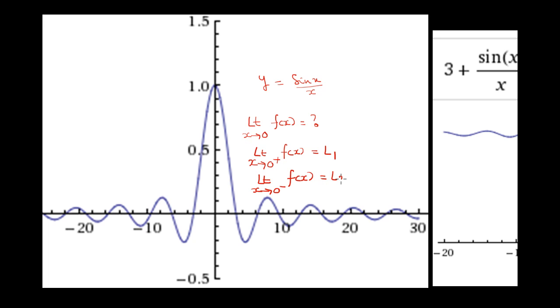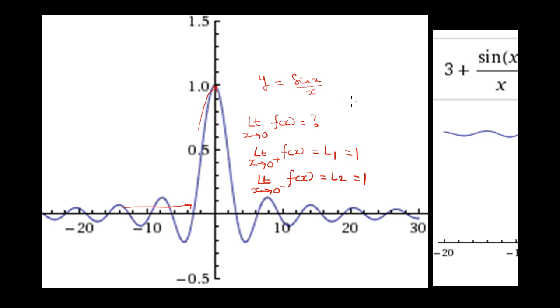You have to calculate L2. Now let's see, in this case, as x is approaching 0, the function is approaching 1. So L1 is 1. Now from here, as x is moving in this direction, the function is approaching 1. So L2 is also 1.